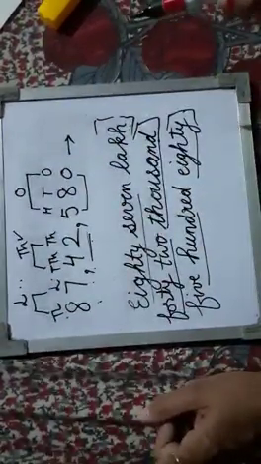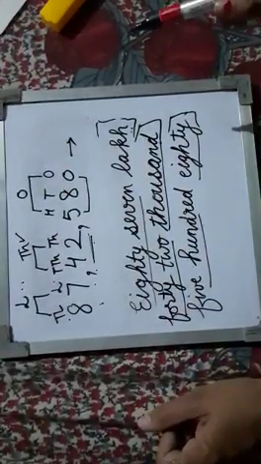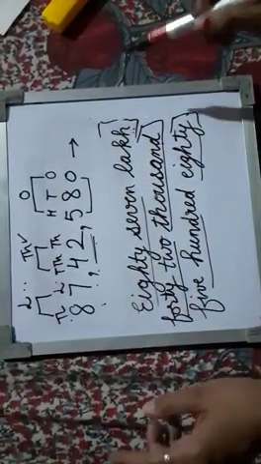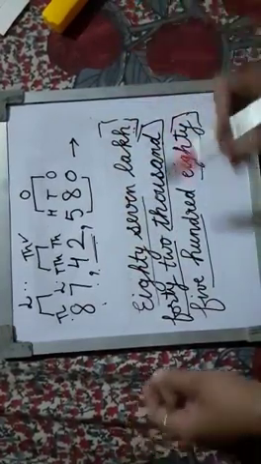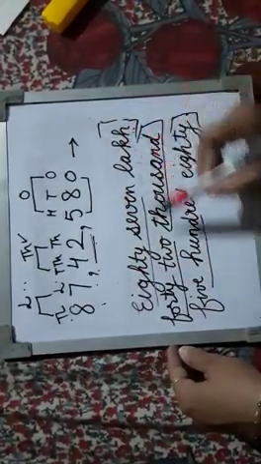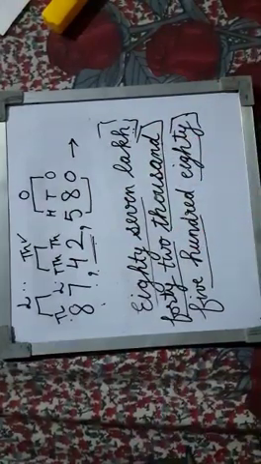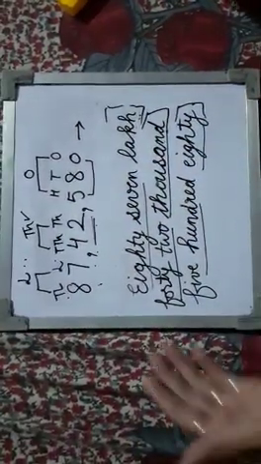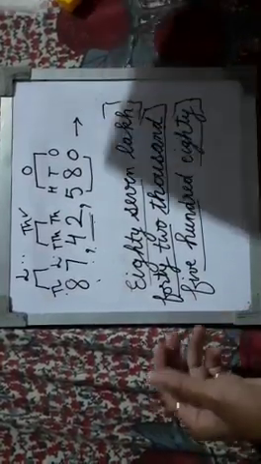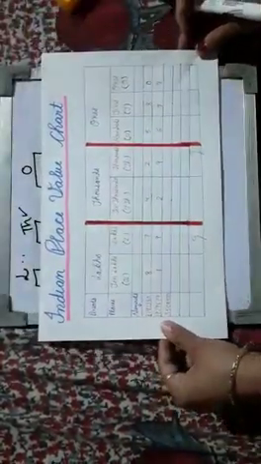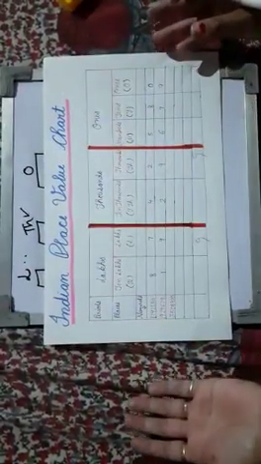We do not write ones place, we write only 580. So the number in the end is 87,42,580. So this is all about our large numbers, and to read these large numbers, our Indian place value chart helps us. And thank you.